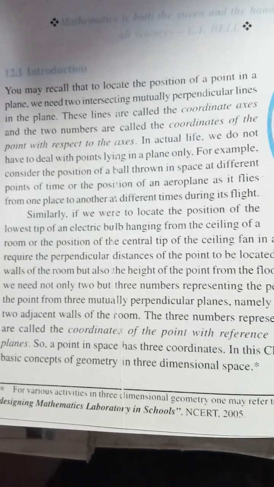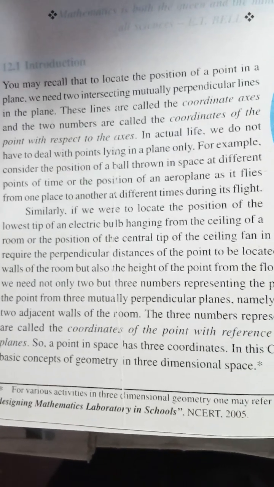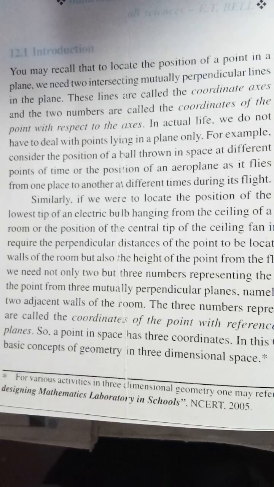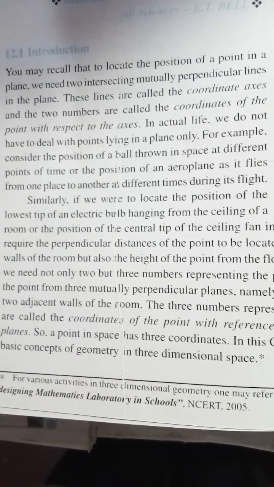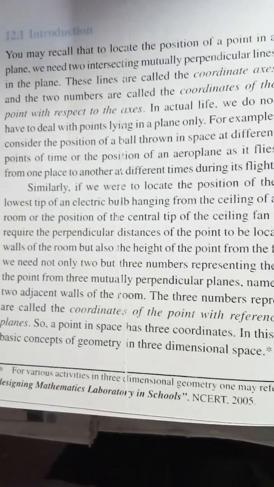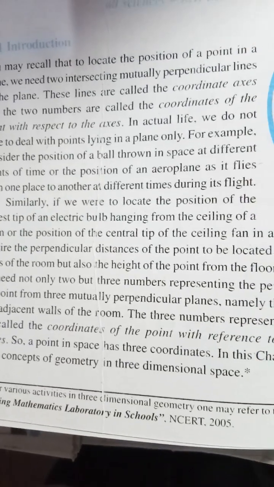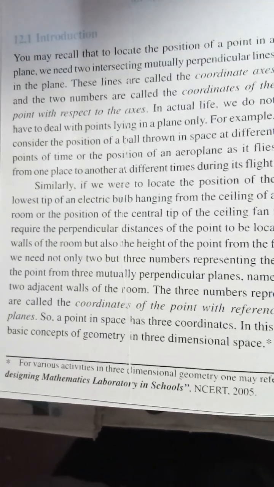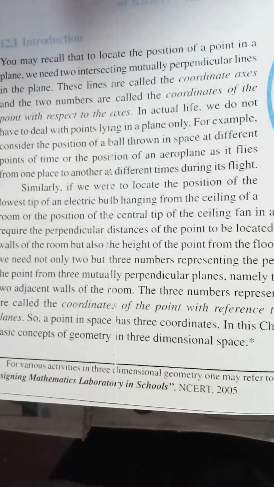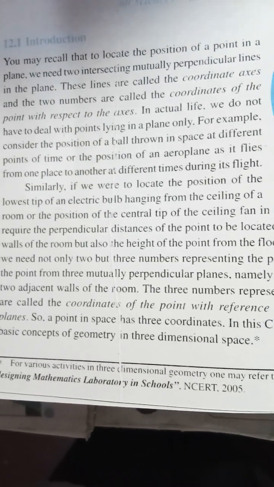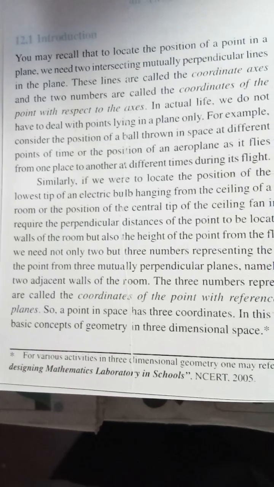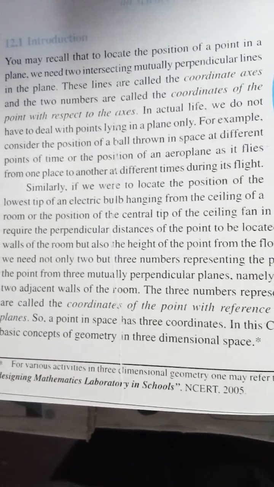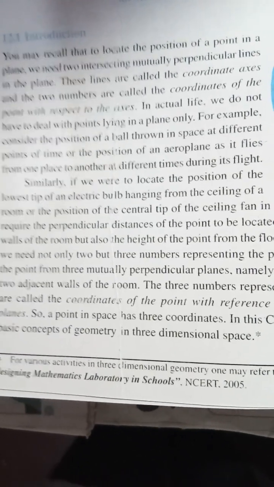In actual life, we do not have to deal with points lying in a plane only. For example, consider the position of a ball thrown in space at different points of time, or the position of an aeroplane as it flies from one place to another at different times during its flight.